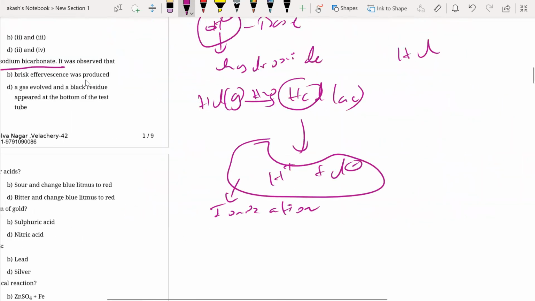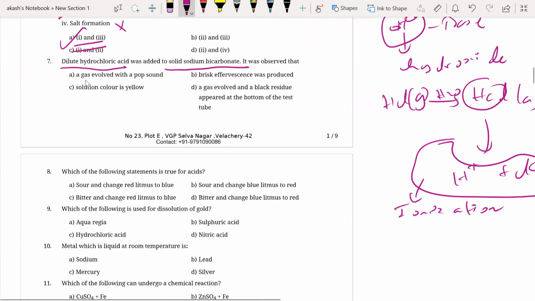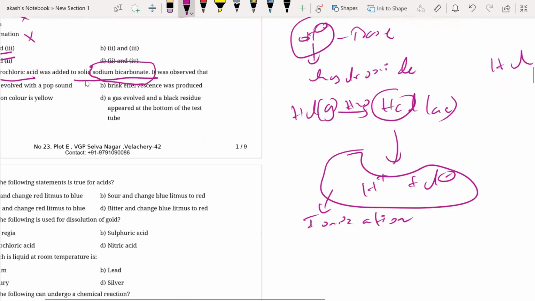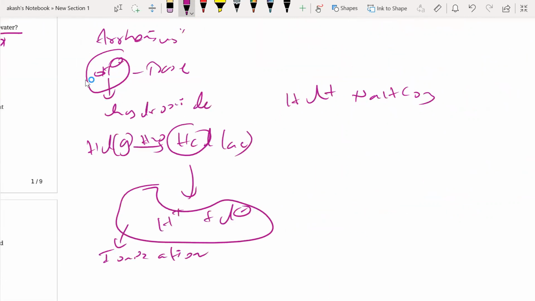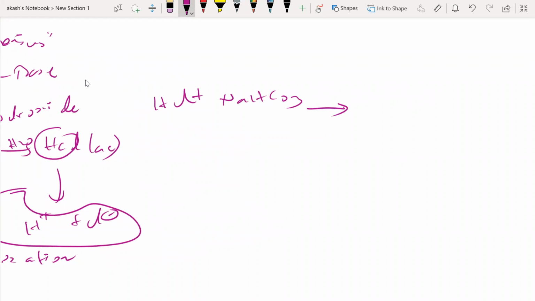Can someone tell me the formula for sodium bicarbonate? NaHCO3. NaHCO3, sodium bicarbonate. Okay, now how will you complete the reaction? HCl plus NaHCO3 will give me what?